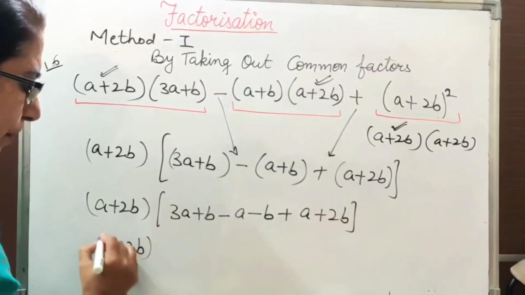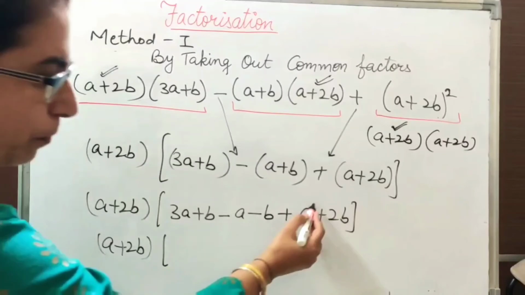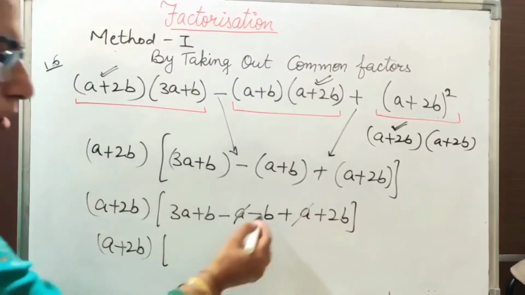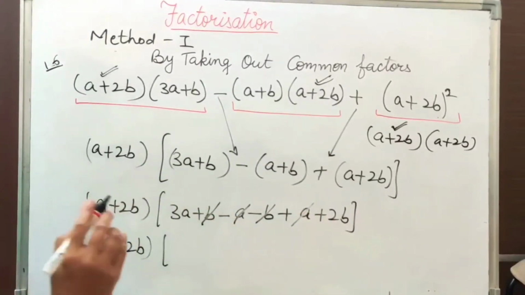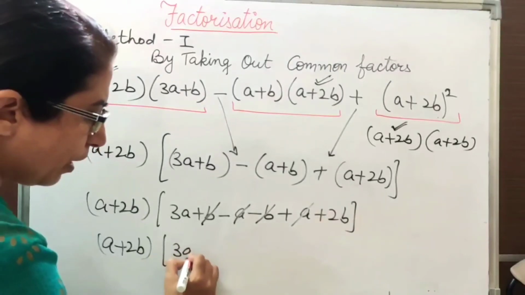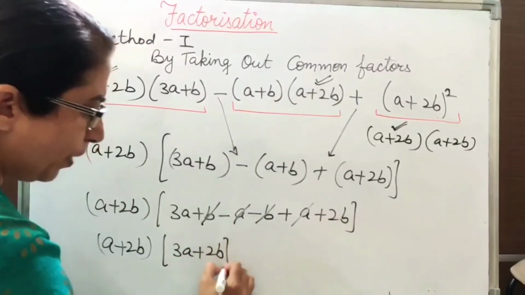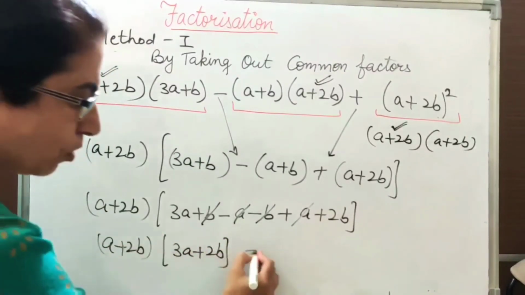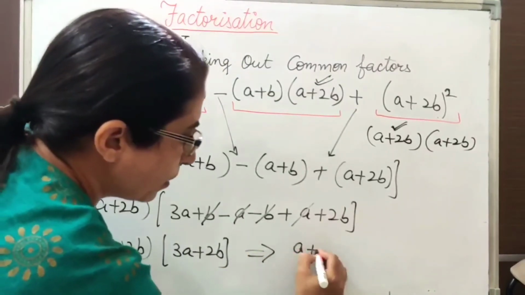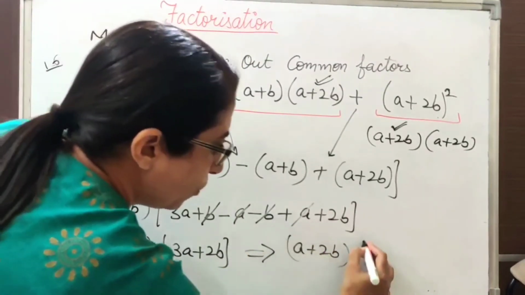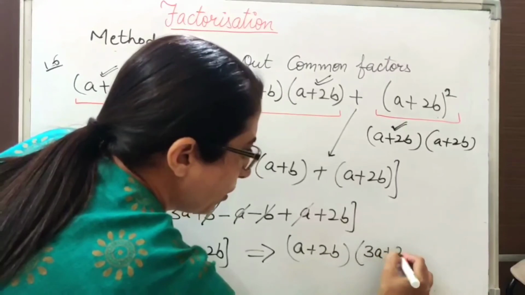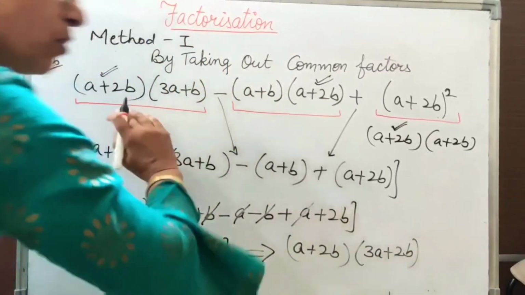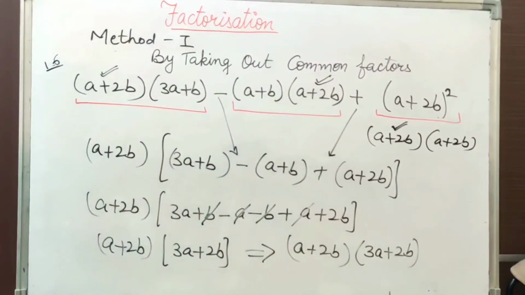In this bracket, plus a minus a cancel out, minus b plus b cancel out, and we are left with 3a plus 2b. So these are the factors, or you can write it as a plus 2b into 3a plus 2b. These are the factors of this given algebraic expression.